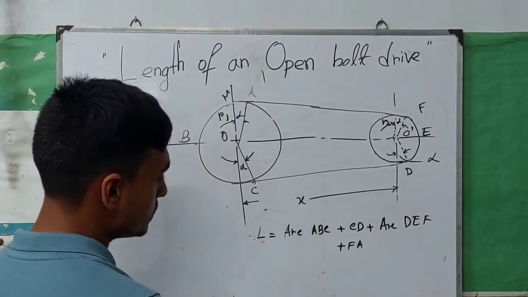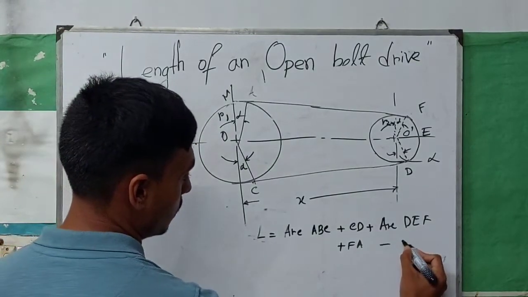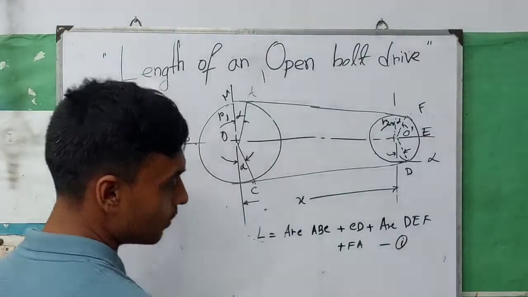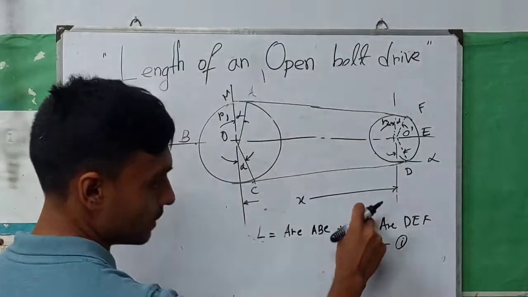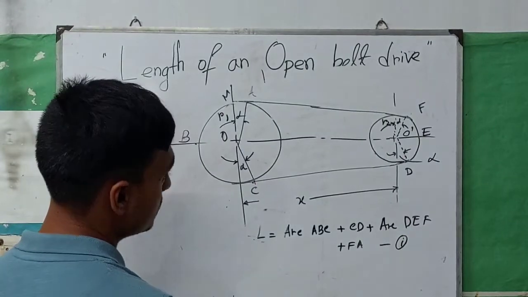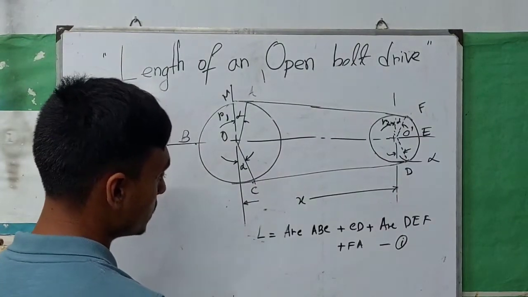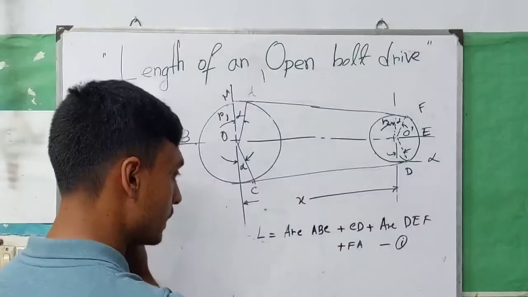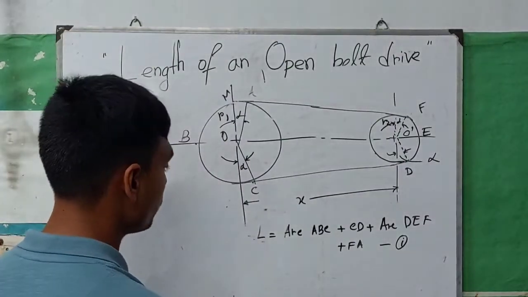That is our main equation, equation 1. We find the values of arc ABC, length CD, arc DF and straight line length FA, and putting these values in equation 1, we get the total length of the belt.